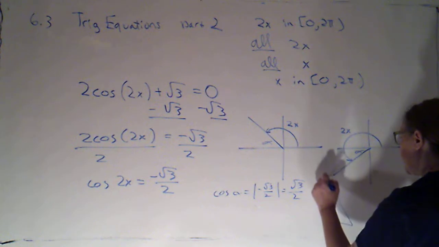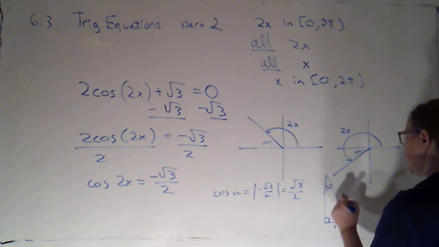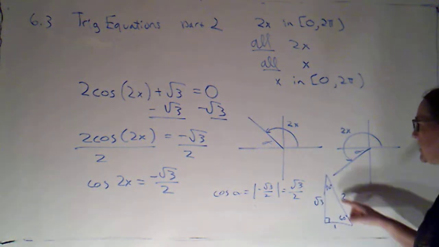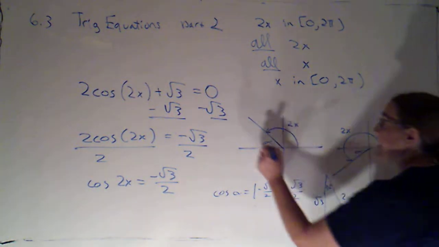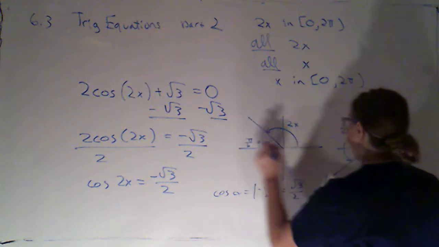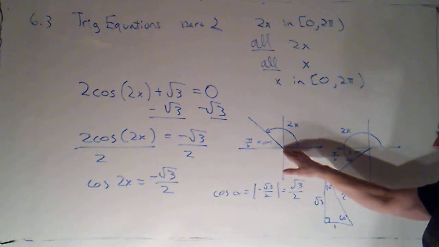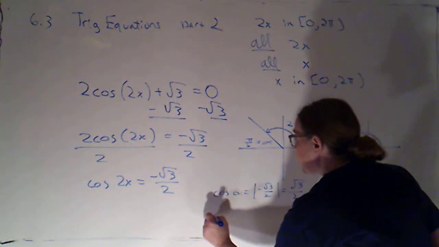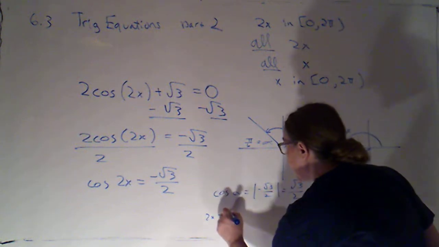That just makes me want to draw a 30, 60, 90 triangle. 1, 2, root 3. Looks like we're looking for 30 degrees, which in radians would be pi over 6. So in this picture, 2x is pi minus pi over 6.